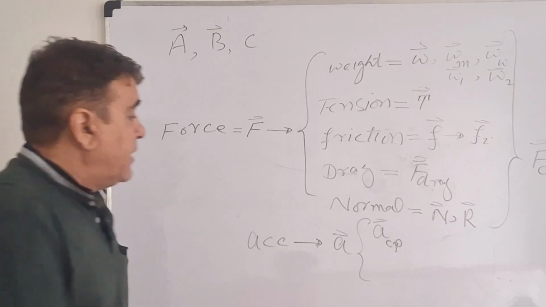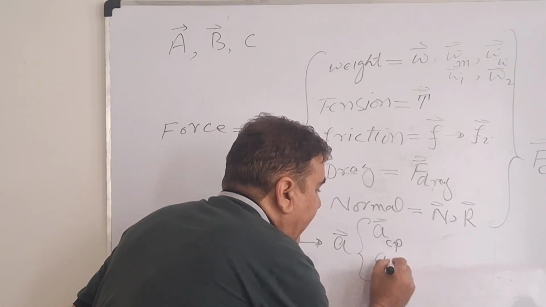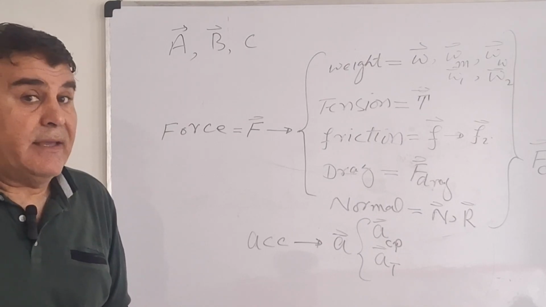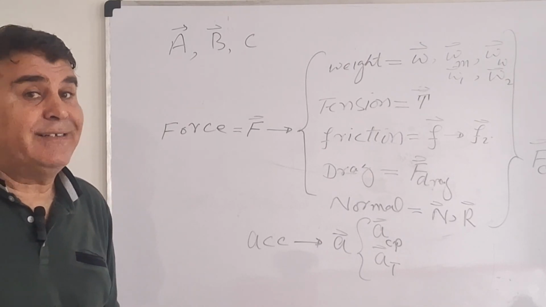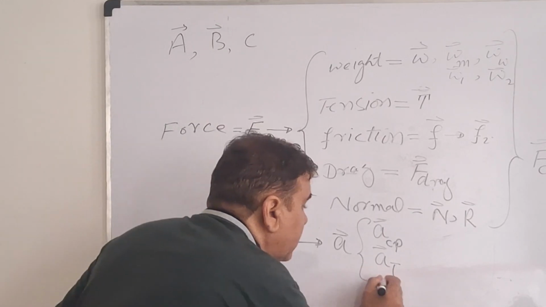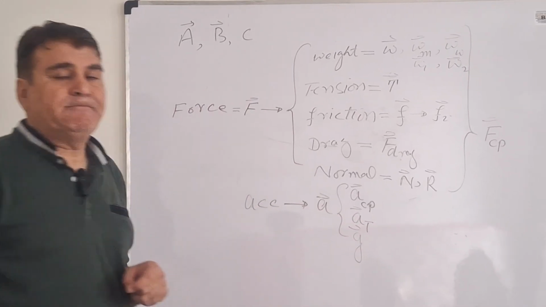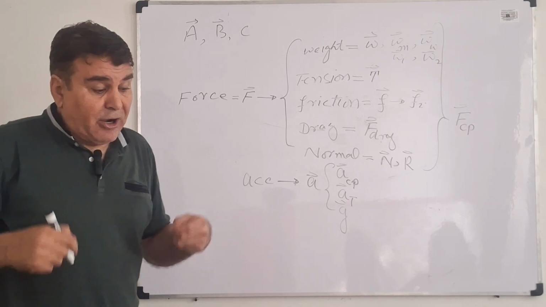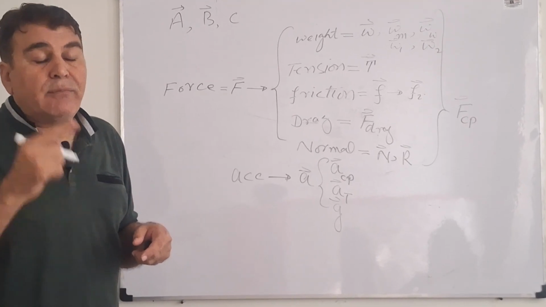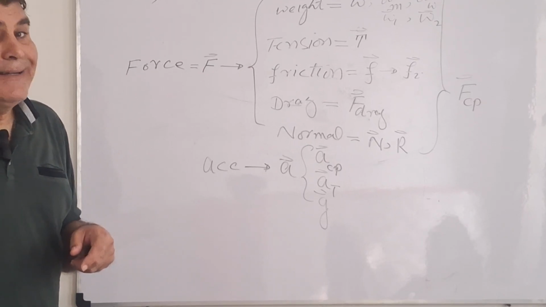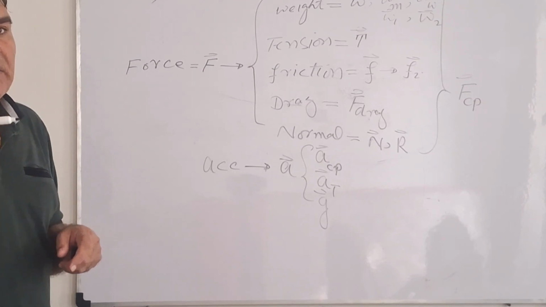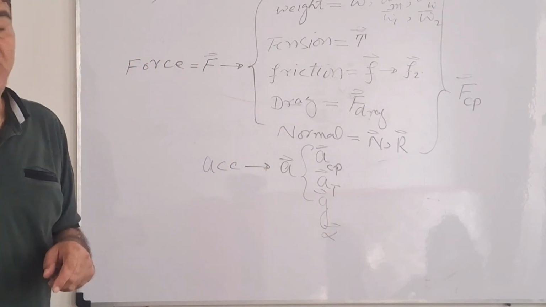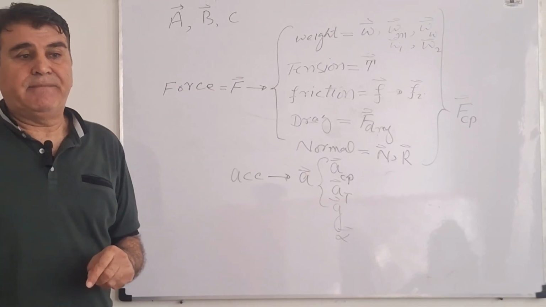We use another notation, a sub T, to represent tangential acceleration. And there is a special symbol that represents the acceleration due to gravity. We represent that with small g. And similarly, if the body is rotating, then in that case we have another symbol, alpha, to represent angular acceleration.